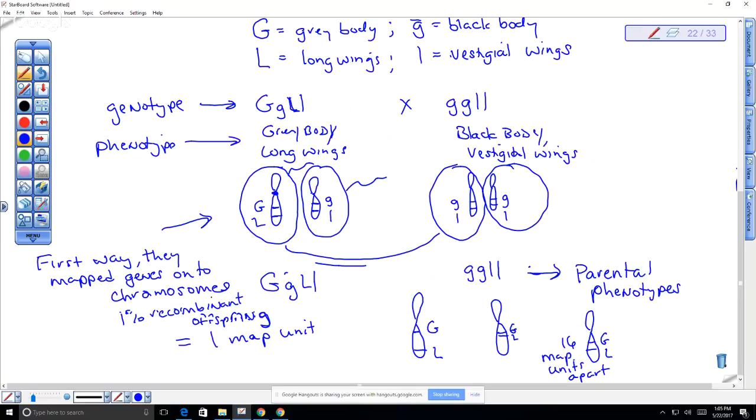If I had 20% of my offspring recombinant, I'd have 20 map units. What if I had only like 10? That would be like 1%. And so then my G and L would be 1 map unit apart, and only 1% of my offspring are expected to be recombinant.